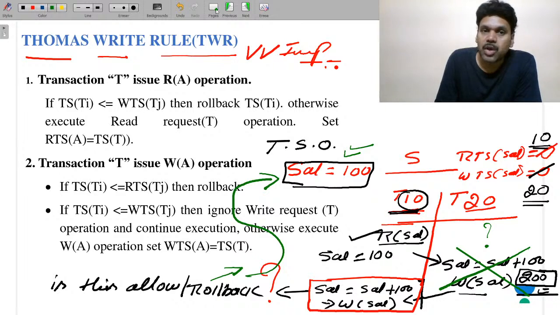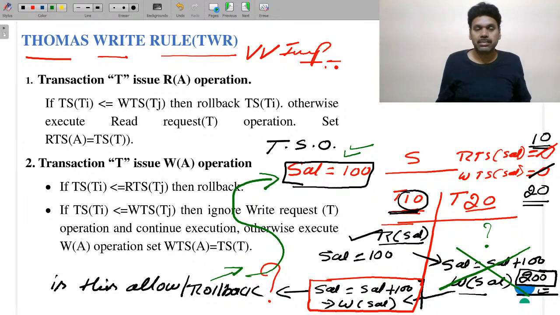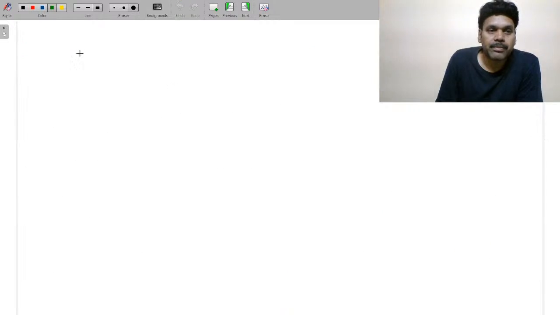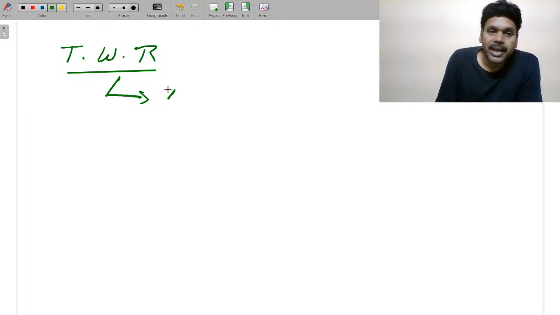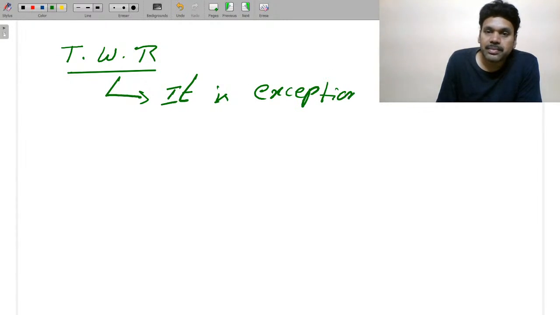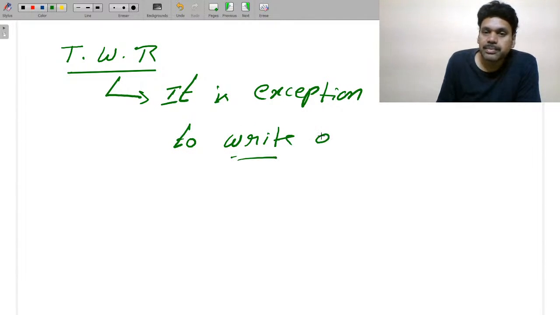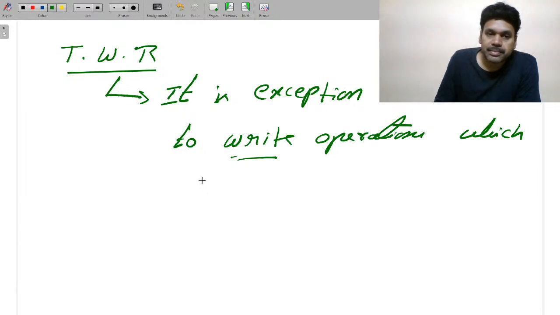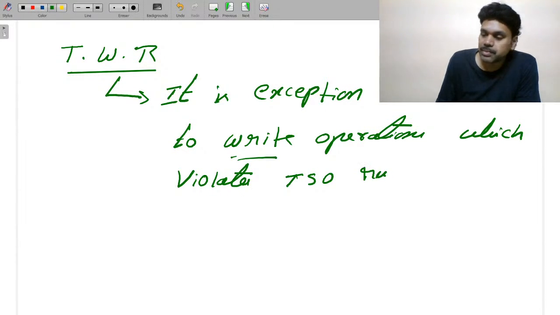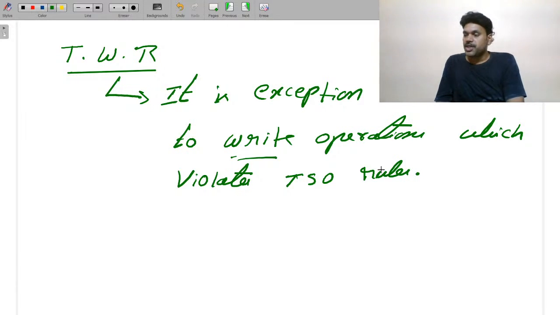Now come to the point. What is the Thomas Write rule telling you? The Thomas Write rule is an exception to write operations which violates TSO rules.